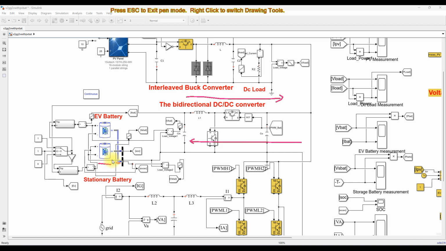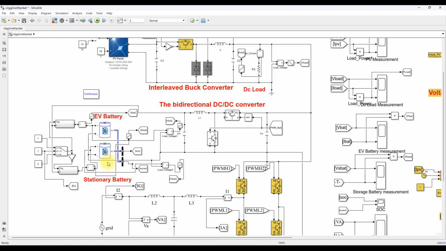Otherwise, when EV is connected, we have some arrangement, right, both connected in the common converter. If the EV battery is not present in the system, then the stationary battery will be connected to the system. If the EV battery is connected to the system, then the stationary battery will be disconnected from the system.